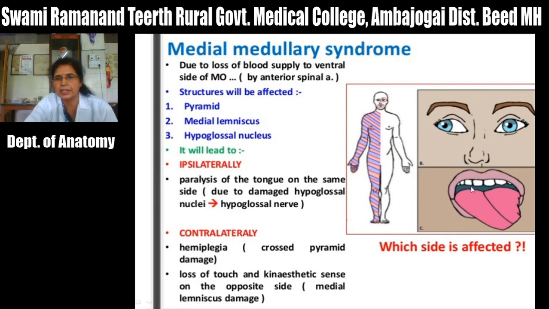In this figure you can see the tongue is deviated to the left side. When there is paralysis of the tongue muscles on one side, the tongue is deviated to the affected side due to weakness of the genioglossus muscle. So here there is paralysis of the left side tongue muscles and paralysis of the contralateral side of the body. So the lesion is on the left side.